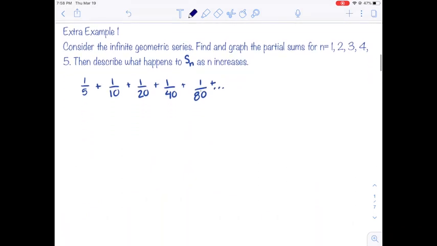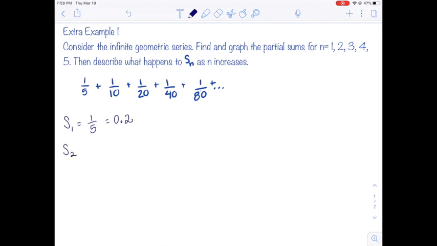Here's another example. If you consider the infinite geometric series, find and graph the partial sums for the first 5 terms, then describe what happens to the sum up until the nth term as n increases. So we'll take a look at the sum up until the first term, and we'll see that our sum is 1/5, which I'm going to change to decimal 0.2.